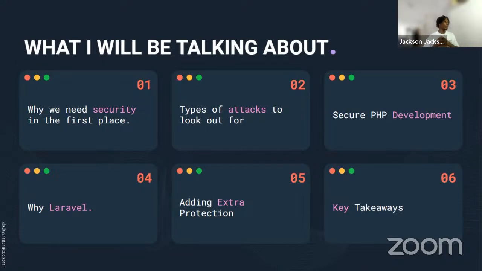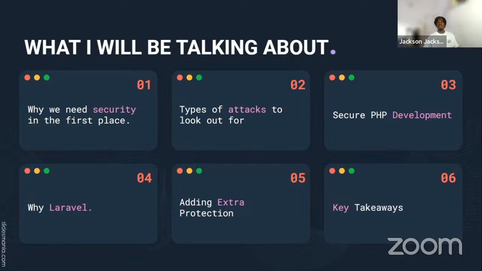and some of the systems that you set in place on your application. And then we're also going to talk about why Laravel, that is why we choose to use frameworks instead of just doing procedural PHP. And a little bit of extra, so we'll check why these attacks happen, where they happen, and how to add a bit of protection to your application, and then we'll conclude.